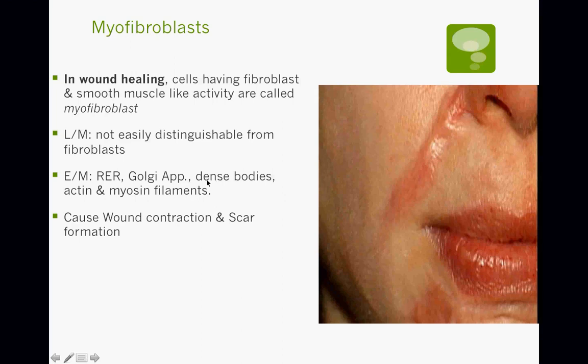Right, the dense bodies are present in addition to the Golgi apparatus and rough endoplasmic reticulum. So the smooth muscle-like activity of these cells is due to the actin and myosin filaments. So they will be helping in the wound contraction and in the formation of a scar.